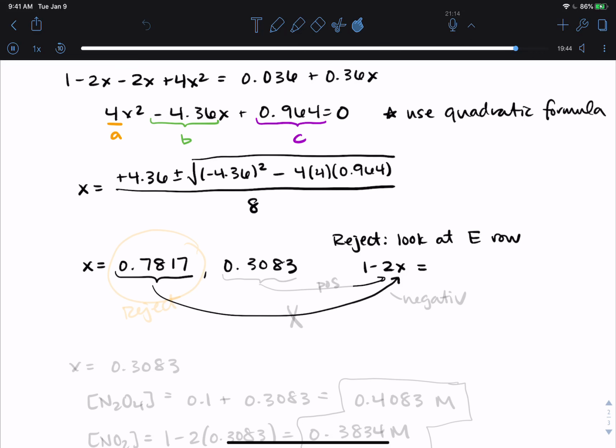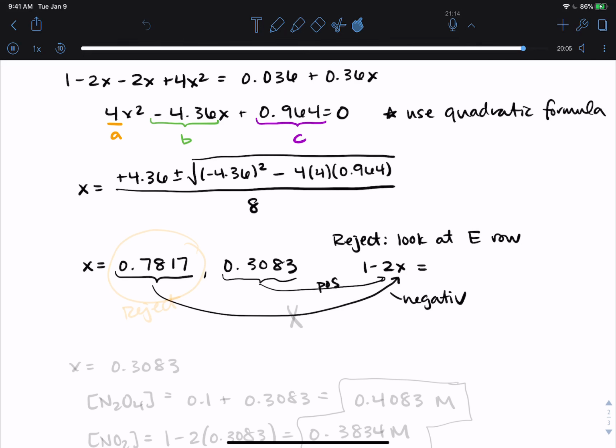0.7817 for x, 2 times 0.78 is going to be bigger than 1. So this gives a negative. And 2 times 0.3083 is less than 1, so this one would give a positive.